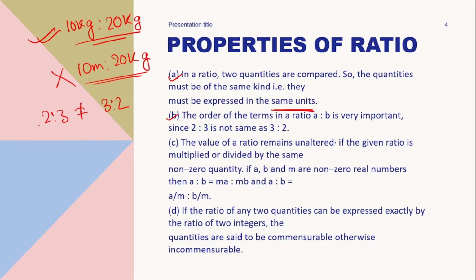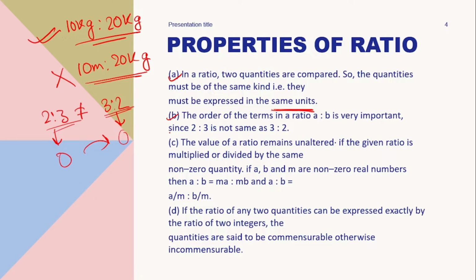Obviously, if you find 2 is to 3, you get one part, and if you find 3 is to 2, you get a different part, which is just opposite to it. So they are not equal to each other.